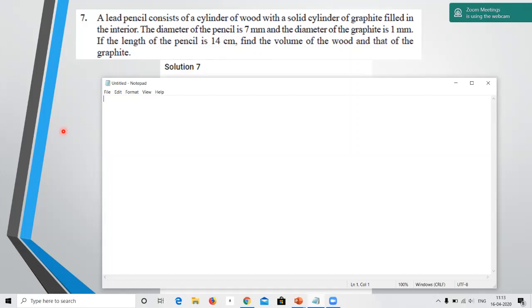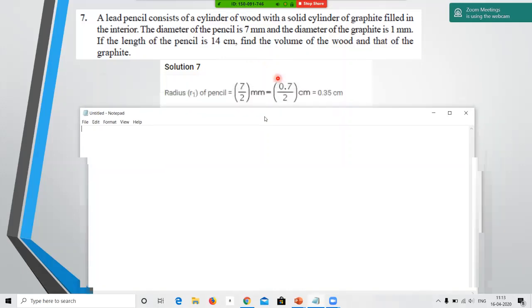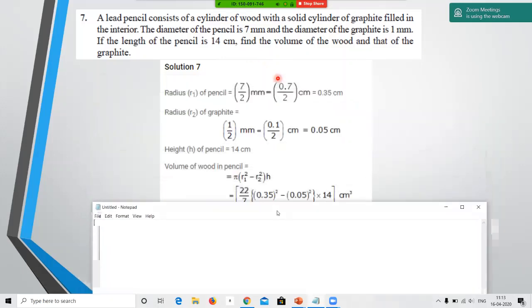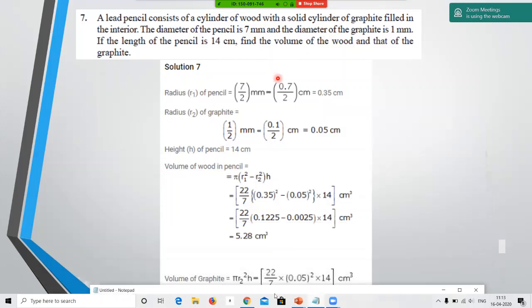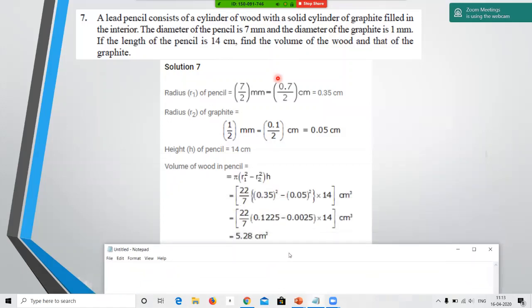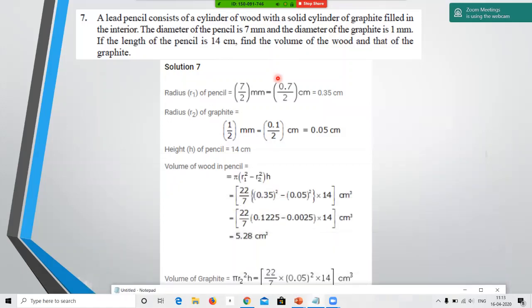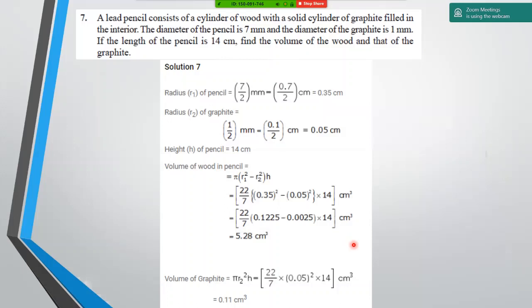Ma'am, is it 0.11 centimeter cube for the volume of the graphite? Yes. I got 5.28. Volume of wood is 5.28. Yes, ma'am. And volume of graphite is 0.11 centimeter cube.